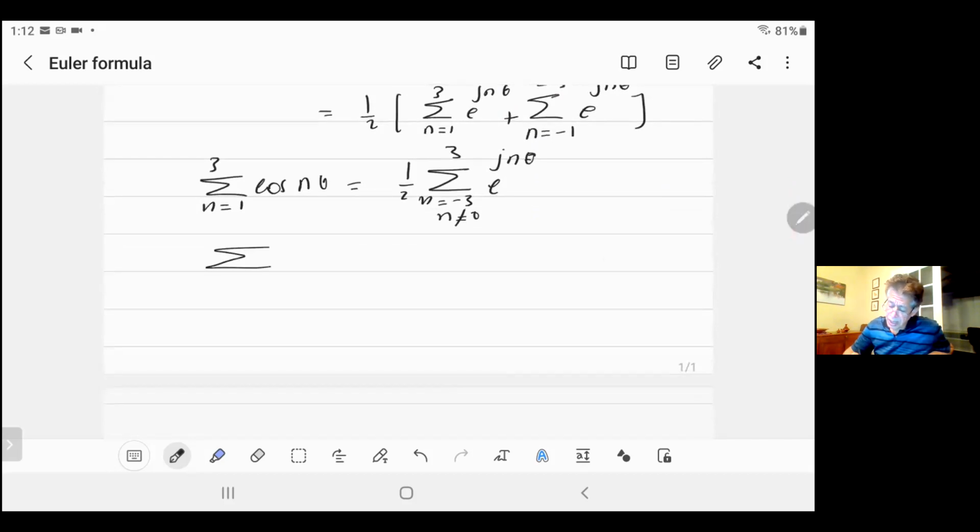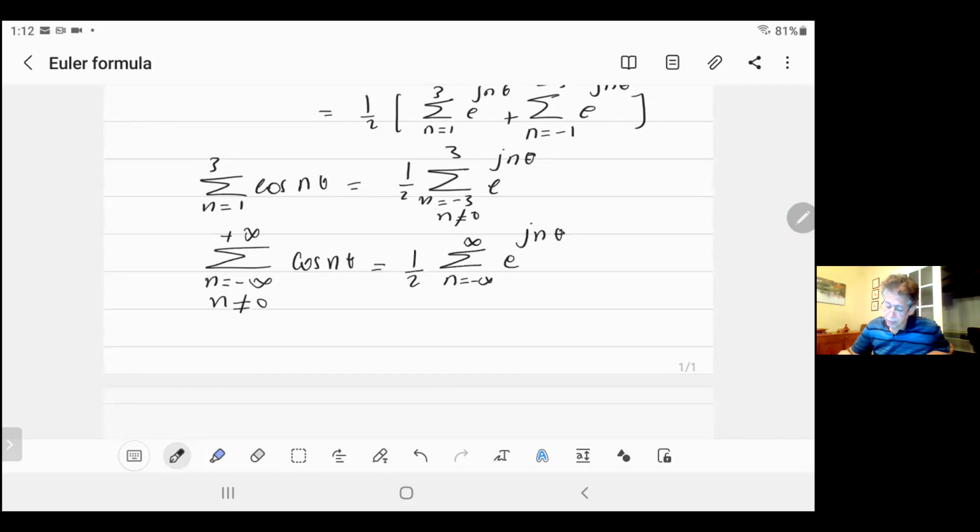If you are saying now the sum of n started from minus infinity to plus infinity, where n not equal 0, cosine n theta, it could be written as we did here, 1/2 the sum from n minus infinity to plus infinity, e to the power j n theta.